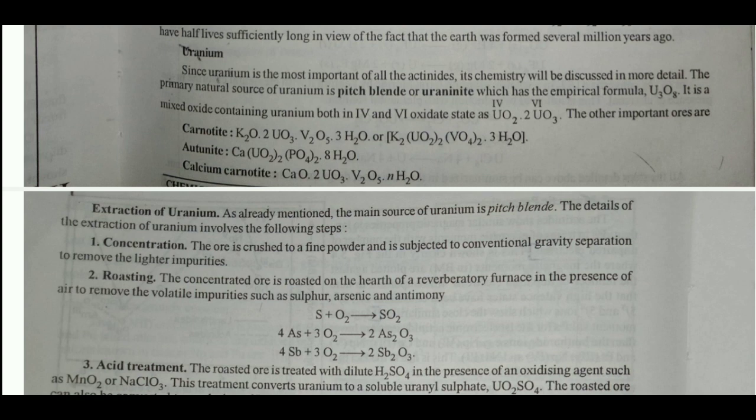The primary natural source of uranium is pitchblende or uraninite, which has the empirical formula U3O8. It is a mixed oxide containing uranium in both the 4th and 6th oxidation states, as UO2 in the 4th state and UO3 in the 6th state. The other important ores are carnotite and autunite.